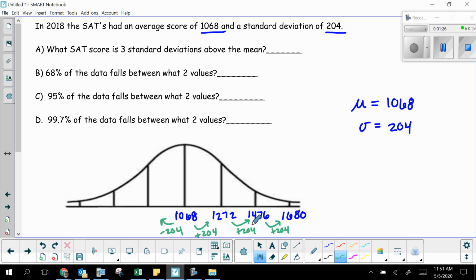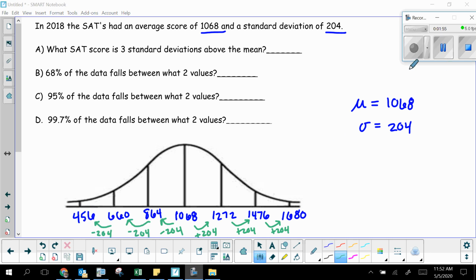So 1068 minus 204 is 864. 864 minus 204 is 660. And 660 minus 204 is going to give us 456.